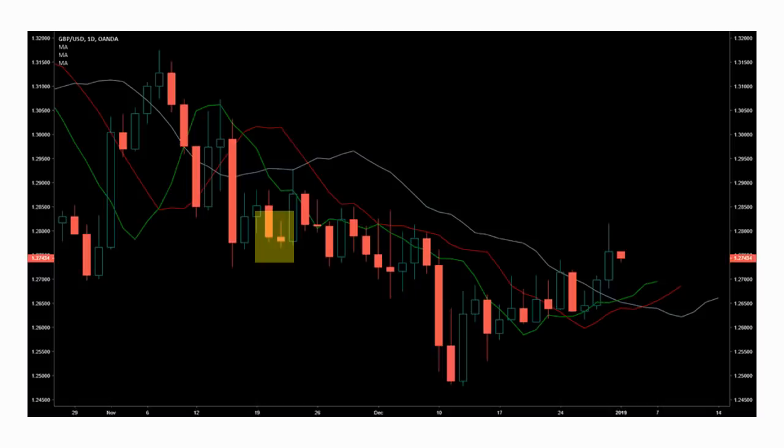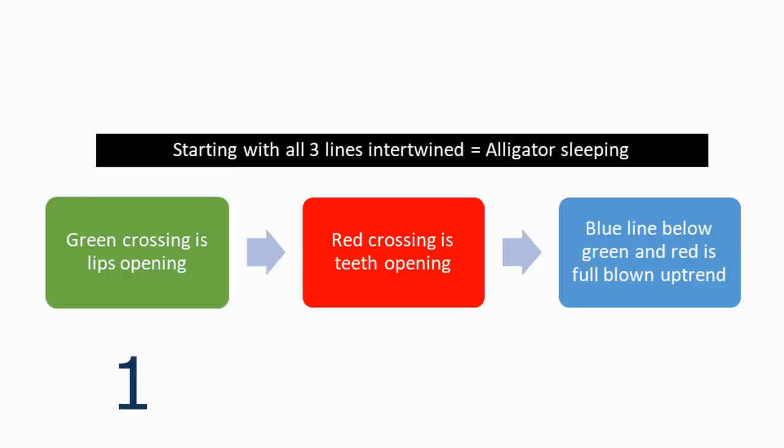And many traders will enter the market following a candle close above or below all 3 lines at this point. So considering an uptrend, the green line has crossed the red and sometimes the blue, depends on the market state. The red line, the teeth, starts to head upwards, crossing the blue line, and now we can determine that an uptrend is in place.